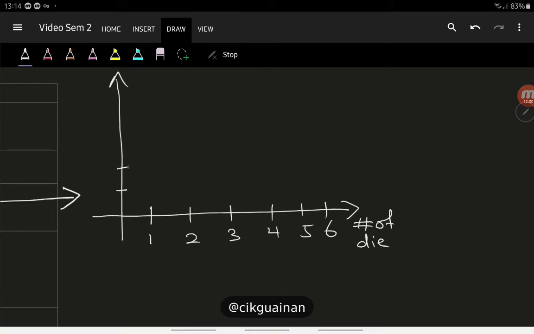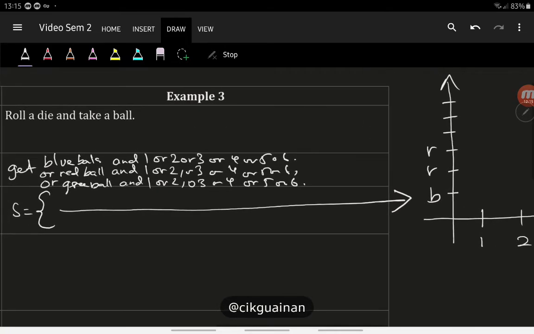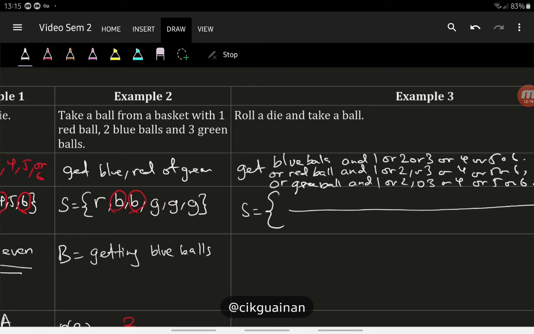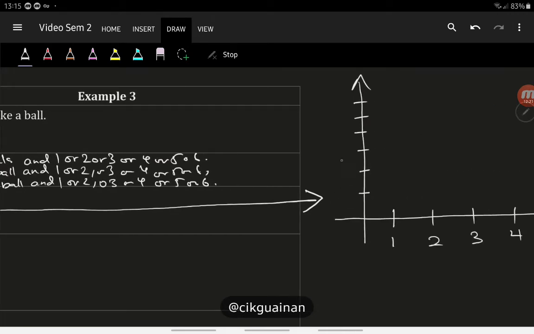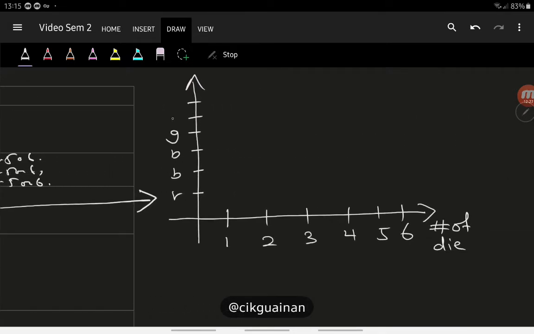So 1, 3, 4, 5, 6. Why do I put 6? Because we have 1 red ball, 2 blue balls, and then 3 green balls.